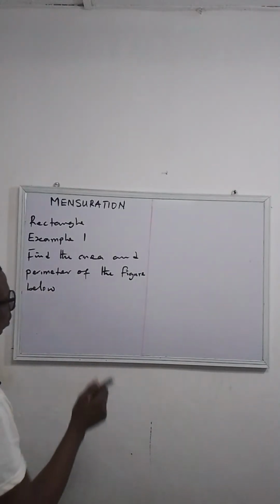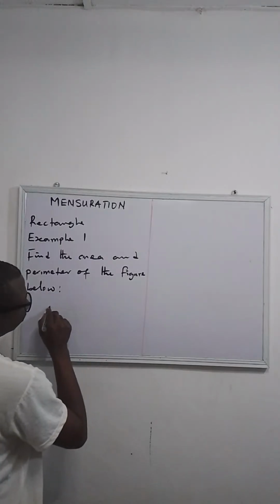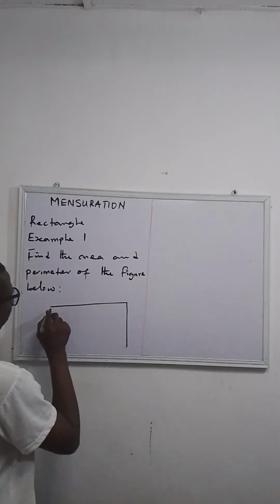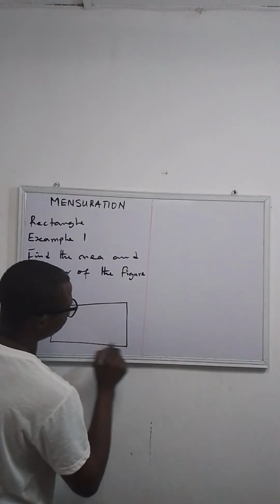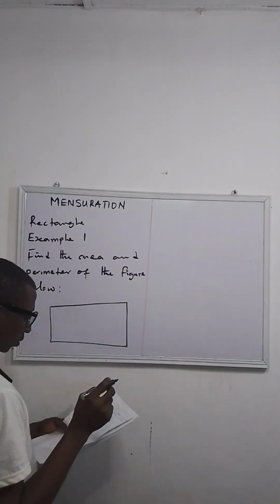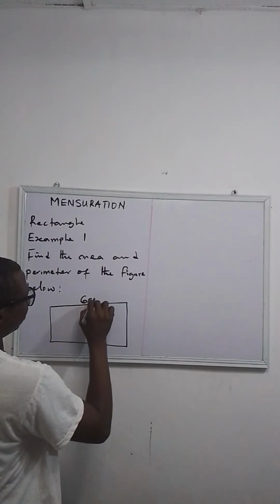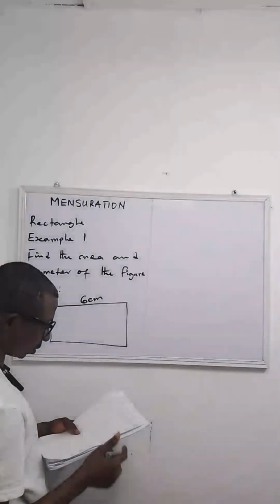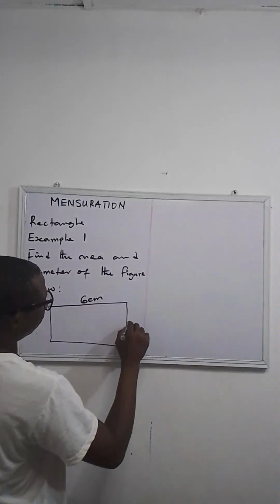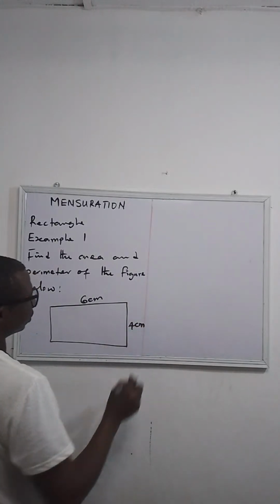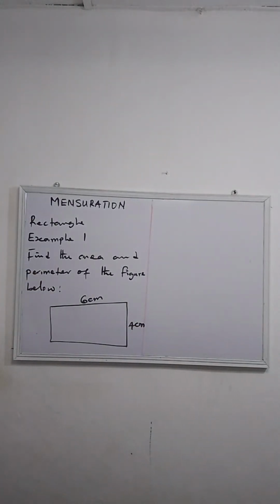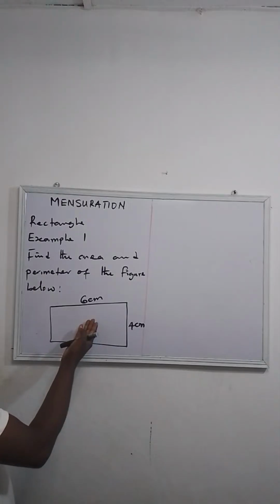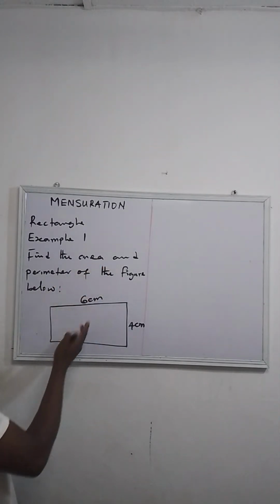Okay, so now this is the figure. We have 6 centimeter and 4 centimeter. So we have to find the area and the perimeter.